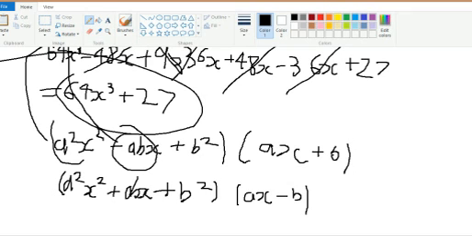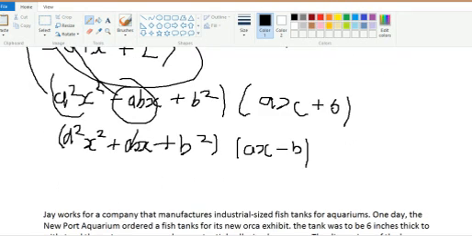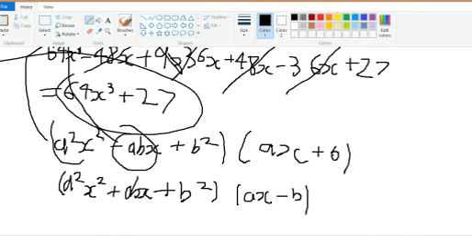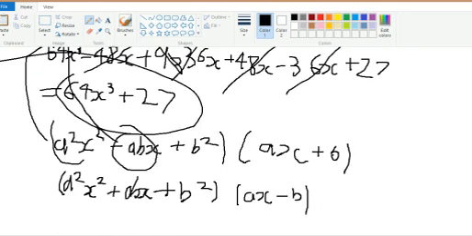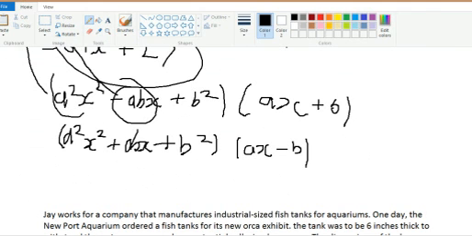When you work this form through, it should give you the difference of two cubes. So if we changed our polynomial up here into this form, we would in fact have 64x cubed minus 27.